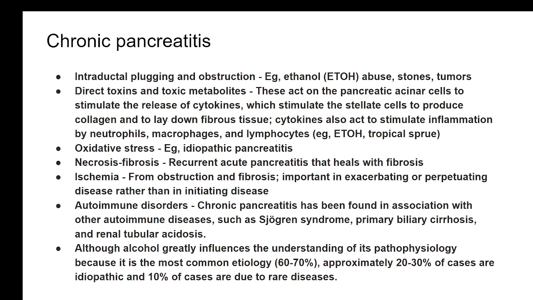The next condition related to the pancreas is chronic pancreatitis. The cause of chronic pancreatitis is intraductal plugging or obstruction of the pancreatic duct, which is directly related to alcohol abuse, consumption of too much alcohol, or a persistent habit of alcohol consumption.